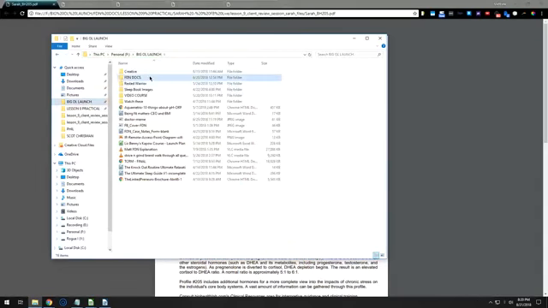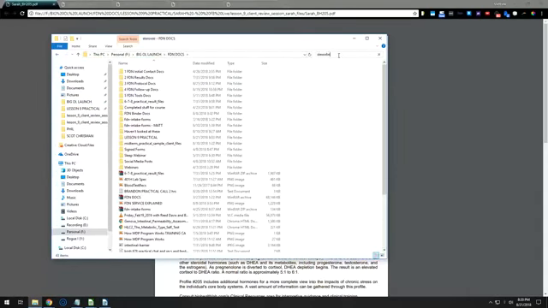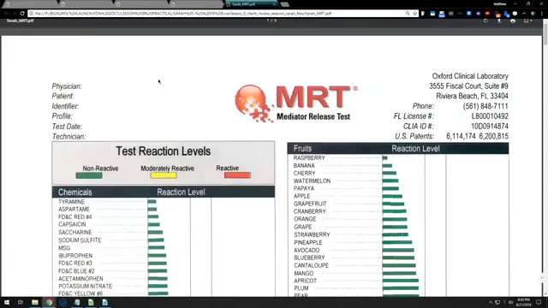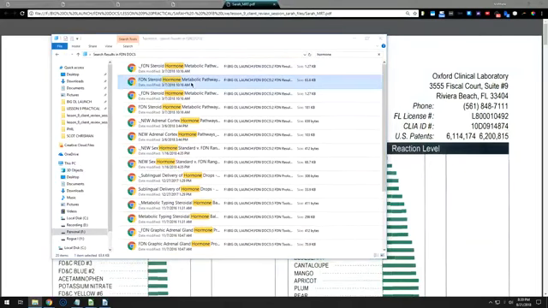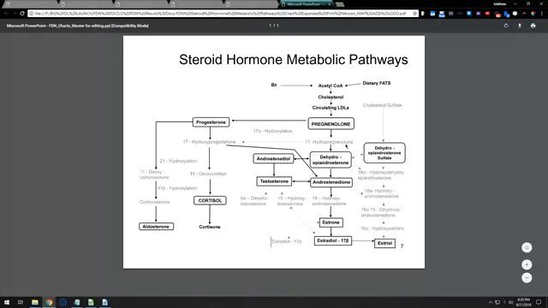So let me pop over here and grab that chart. Hormone metabolic pathways, that's the one we need. Okay, cool. So dehydroepiandrosterone, and you can see below that are testosterone and our estrogens, which are estrone, estradiol, and estriol.